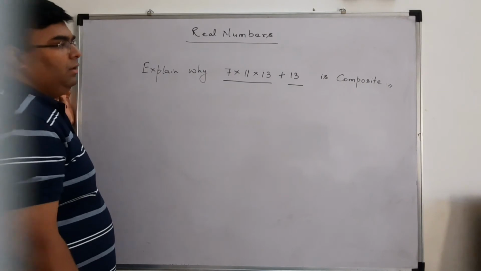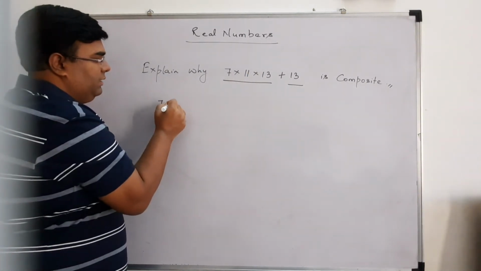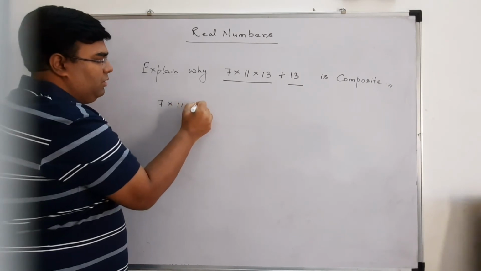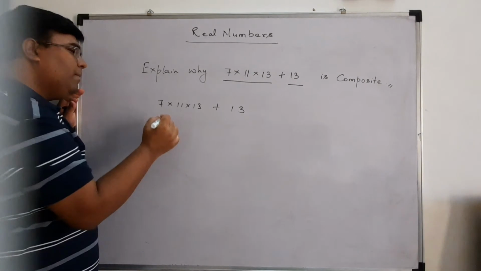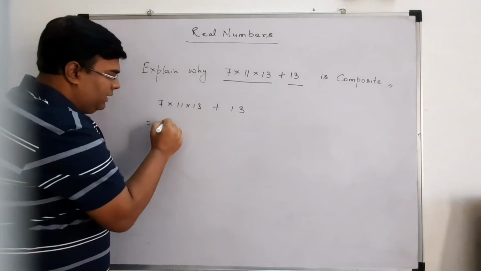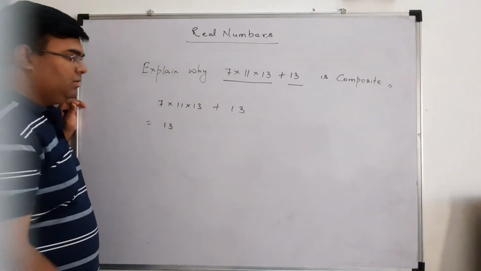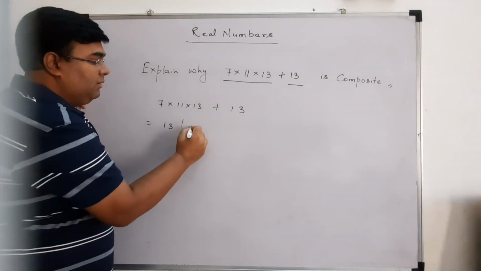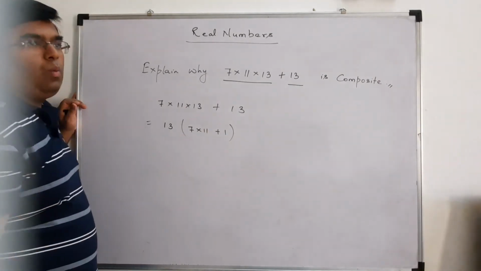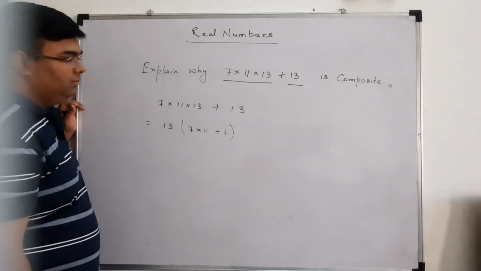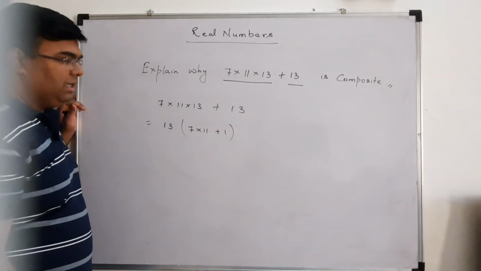So what we can do, see, this is my one term, this is my second term, correct? So if we take out this, write it like 7 into 11 into 13, right? What we can do, we can take 13 common from both the terms, and we can write like 7 into 11 plus 1, correct? 7 and 11 was left here, 13, so 1 is left.